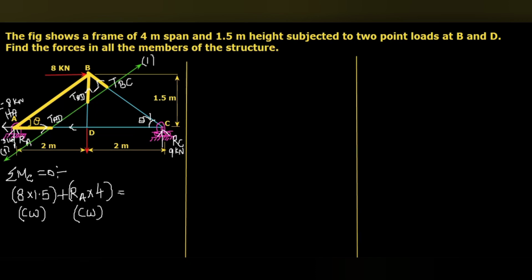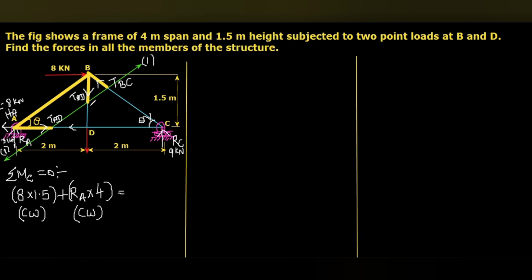It may act upward or downward. If it is acting upward, TBD at a perpendicular distance of 2 meter from C will also be in clockwise. So it will not act in the upward direction, but should act in the downward direction.